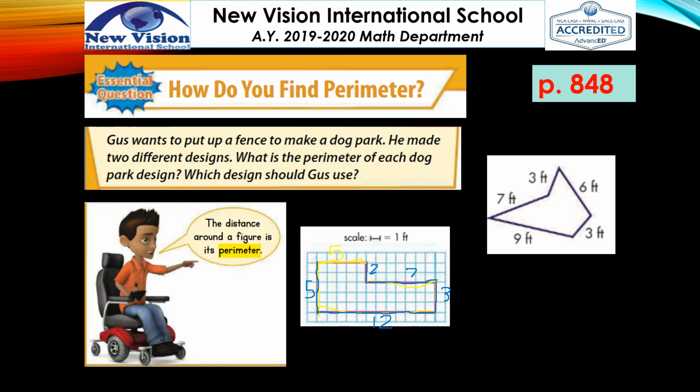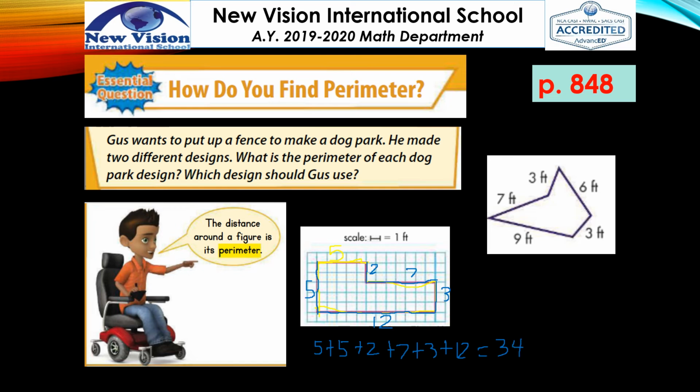Now we will try to add them all. We have 5 plus 5 plus 2 plus 7 plus 3 plus 12 would give us the total of 34. 34, and what is the unit measure?